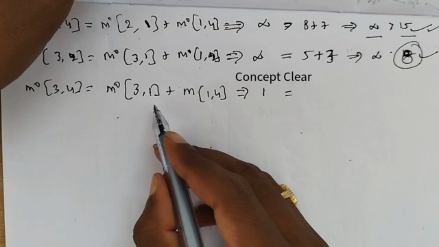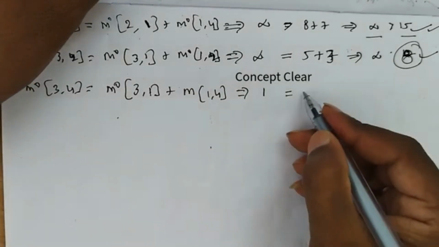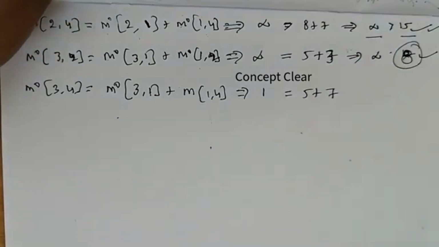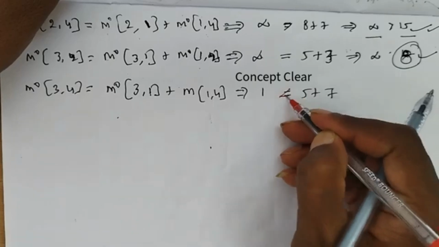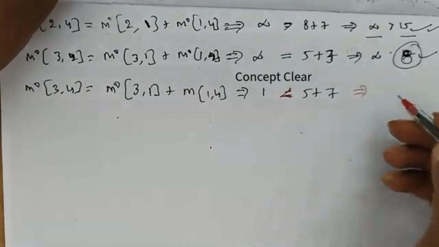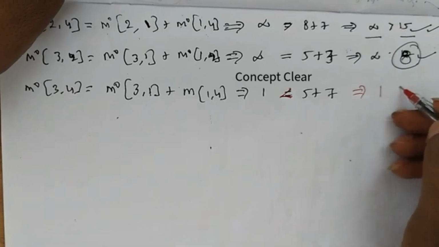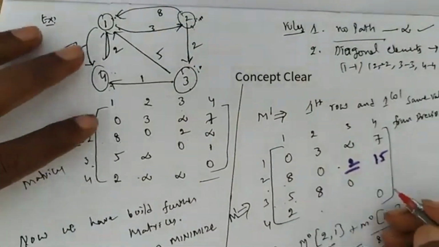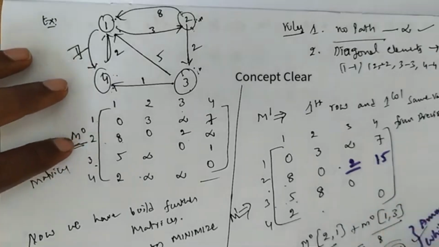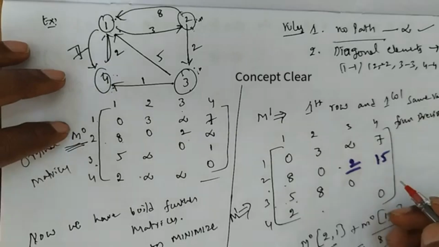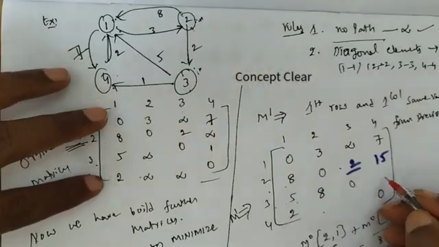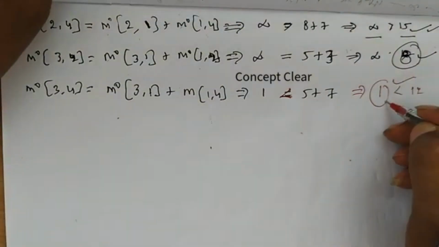And what about here? The 3 comma 1 value is 5 and plus the 1 comma 4 value is 7. By comparing these two, 1 is the least value. So we have to fill this with 1. Why? Because this is the least value.